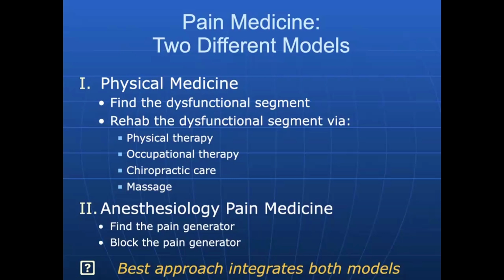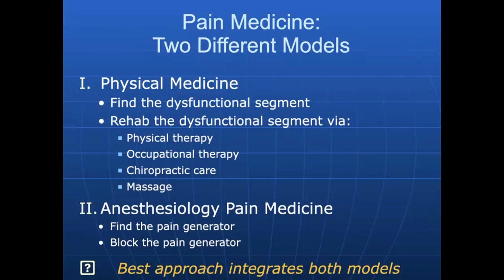But in the anesthesia pain model, what we have learned is you find the pain generator and you block the pain generator. What anatomical structure is causing the pain, and how do you numb it up and treat it from that perspective? And what I have found is that the best approach integrates both models.